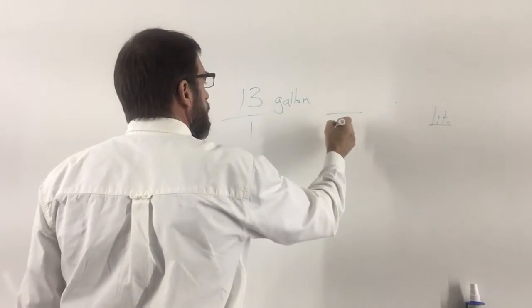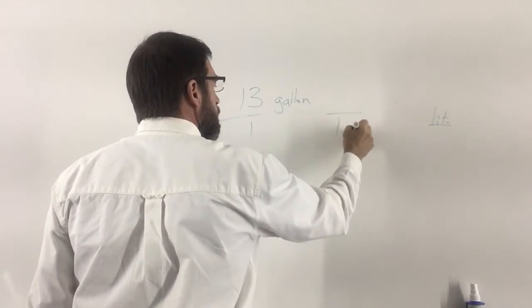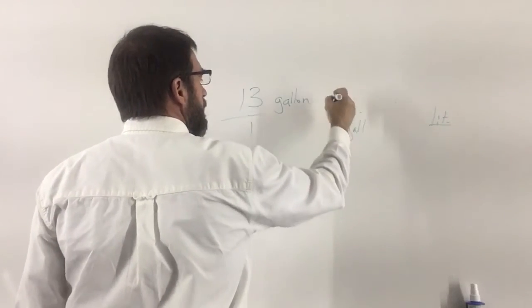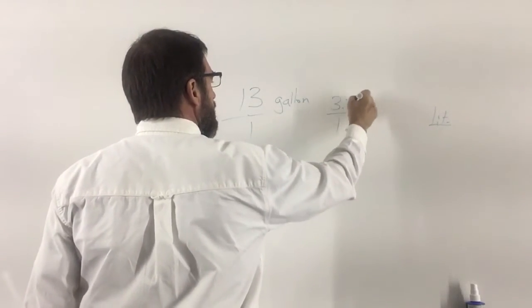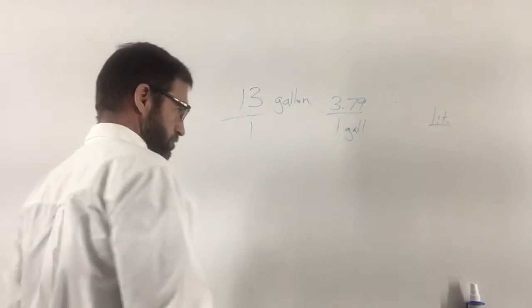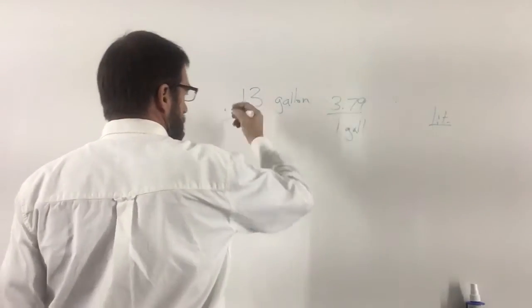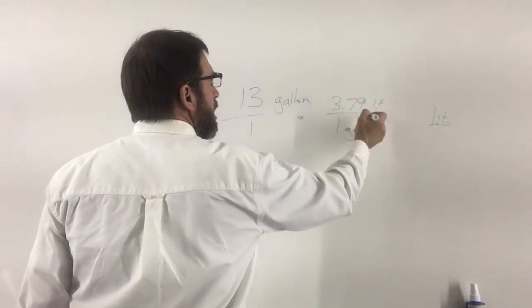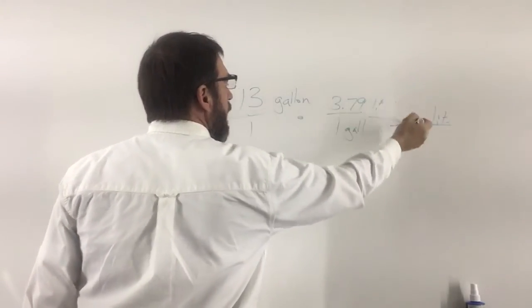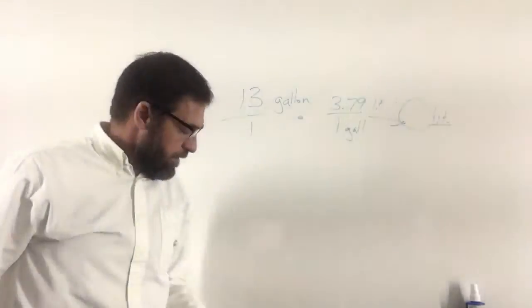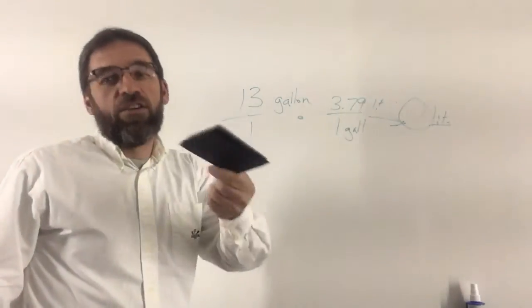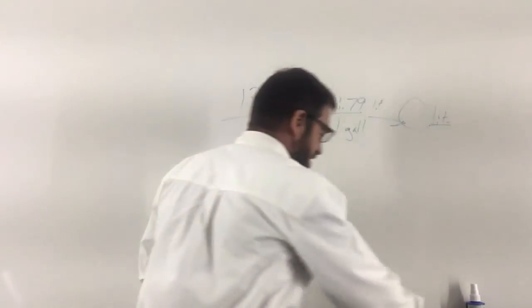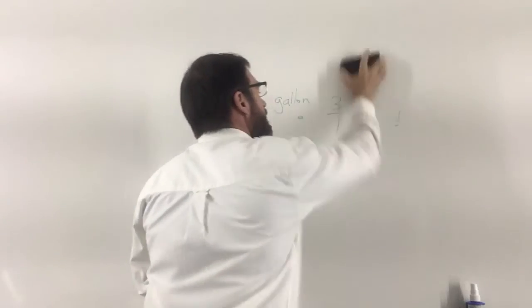So I'm going to go 1 gallon, so I can cancel, and 3.79 liters. And I multiply that. This is liters here, and that's going to equal, I don't know how many. Well, you see if yours works.